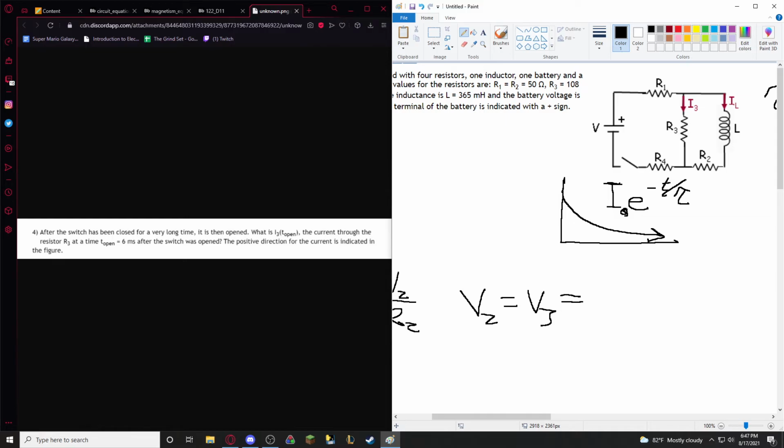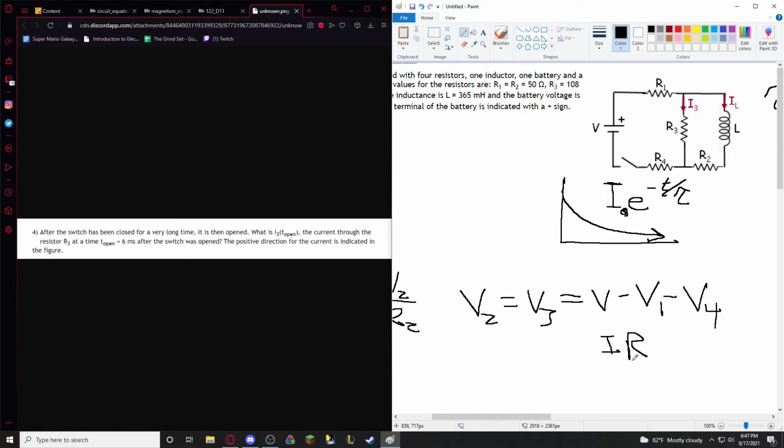So essentially, voltage around any loop is 0. So this voltage V3 or V2, either way, because we can draw this loop or this loop, is equal to V of the battery minus V1 minus V4, which, as you said, each of these voltages is equal to IR.